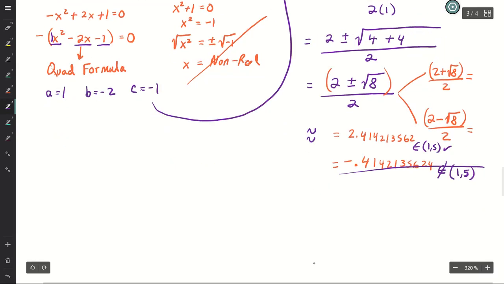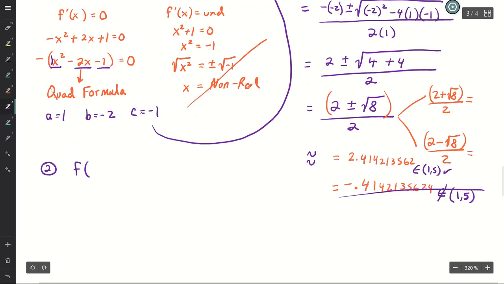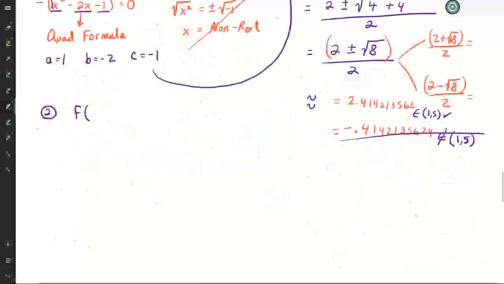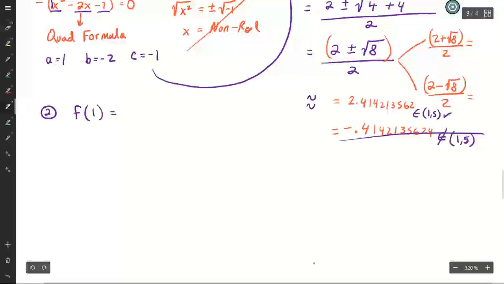So f of, and we're going to start actually with the endpoints. I'm going to evaluate first at 1. So f of 1, do this on your calculator. If you evaluate the original function at 1, you're going to end up getting 0.